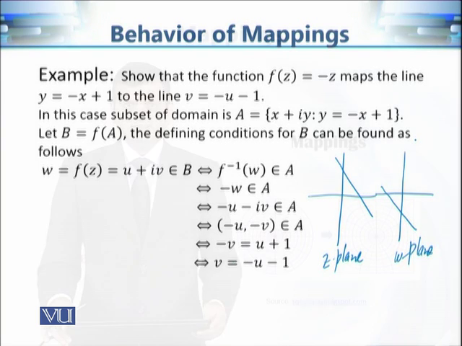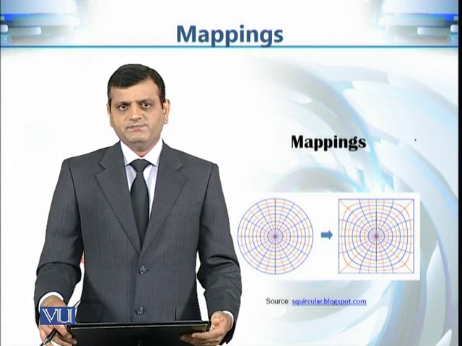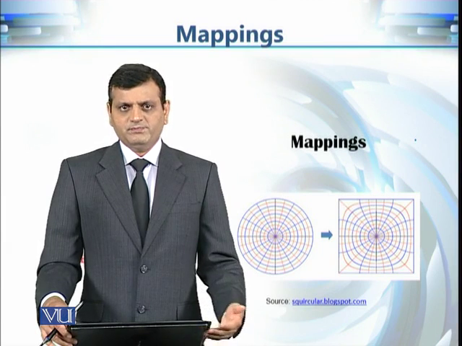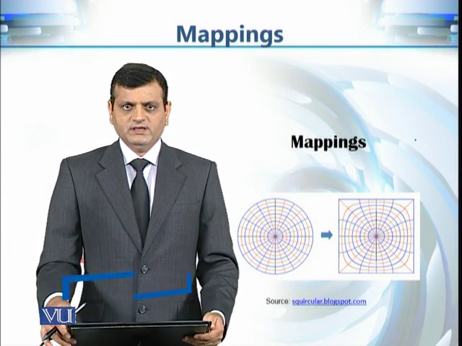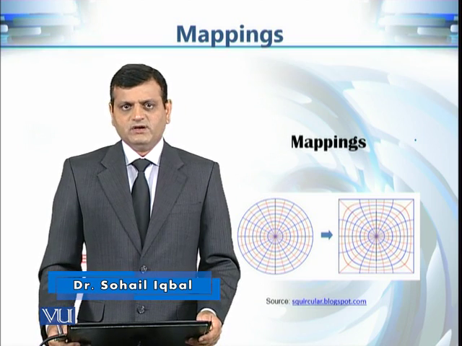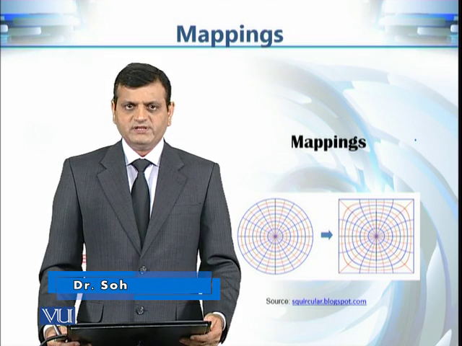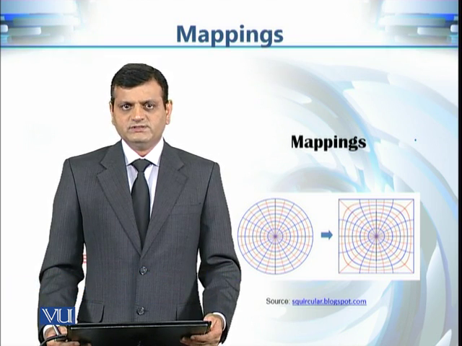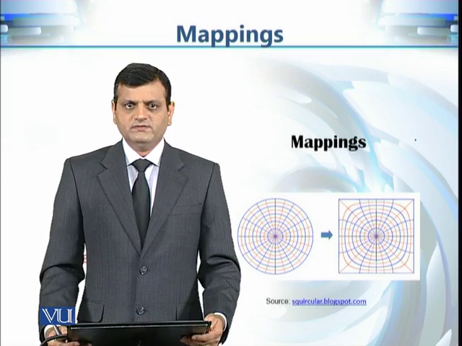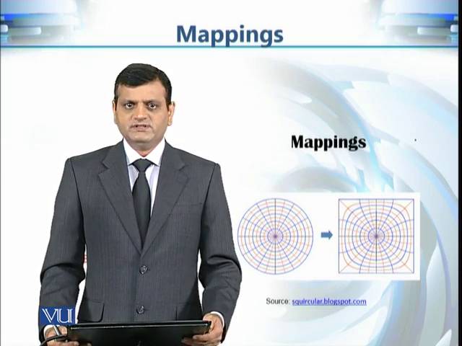So we have seen how we can associate a geometrical depiction with a complex valued function. Using this we can observe different properties of functions. In our next discussions, we will choose some very special complex valued functions, and we will try to observe their properties by looking at their images in the W plane.